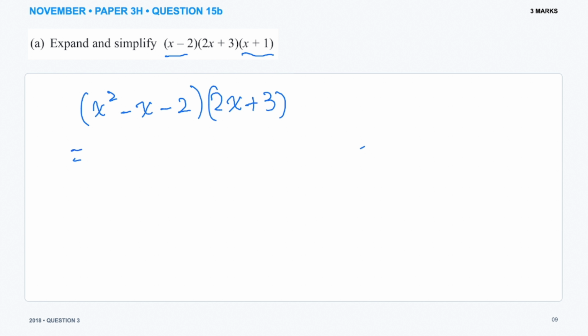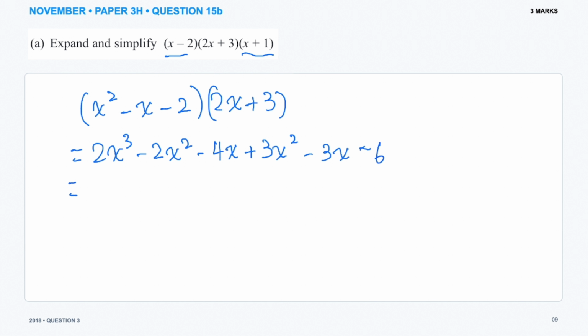So now let's expand all of the terms. We should get 6. So we're going to get 2x cubed minus 2x squared minus 4x plus 3x squared minus 3x and minus 6.